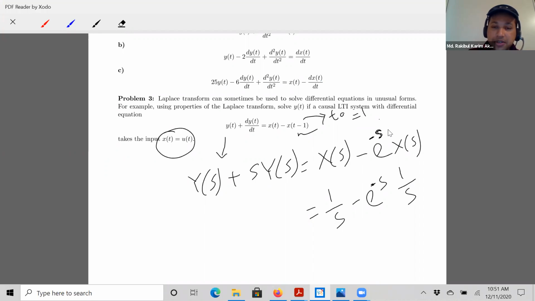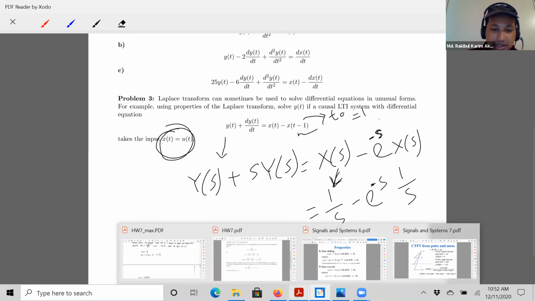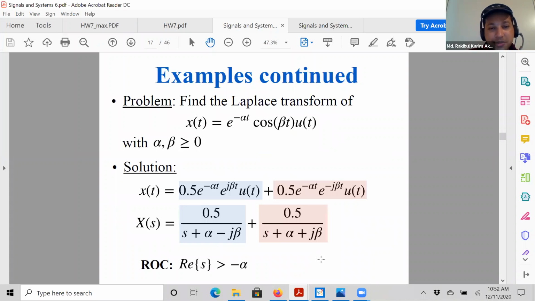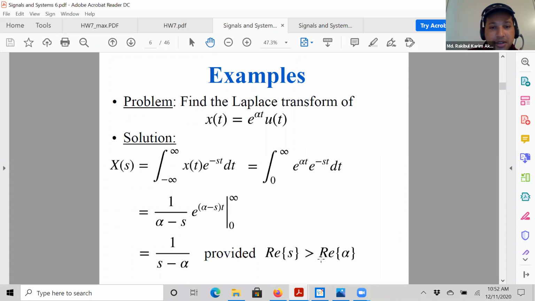Okay. So I was saying when this is xt, you have to write 1 by s. Why? It is easy. It is just your very first example. If it is ut, multiply it with 1, or e to the power 0 into t.